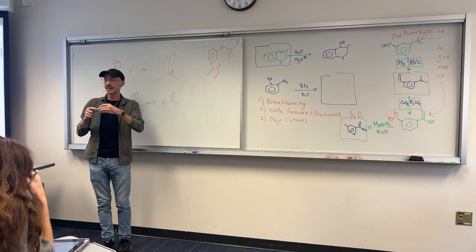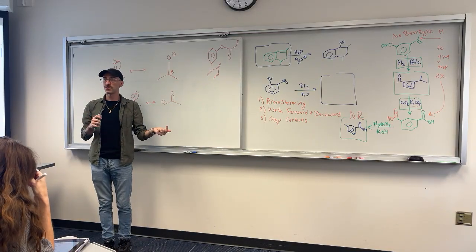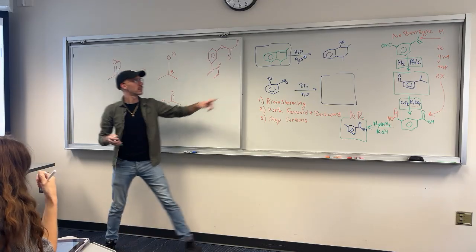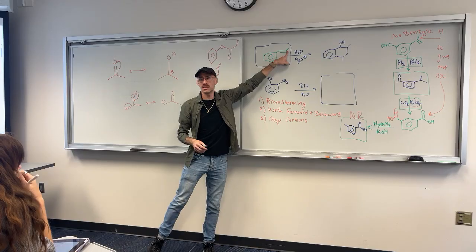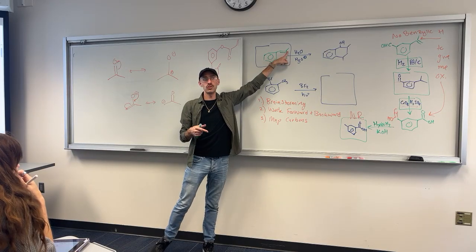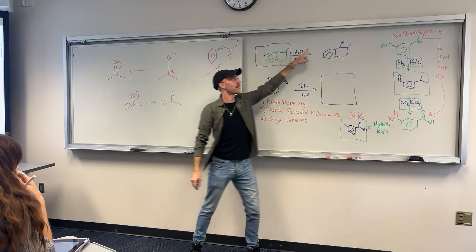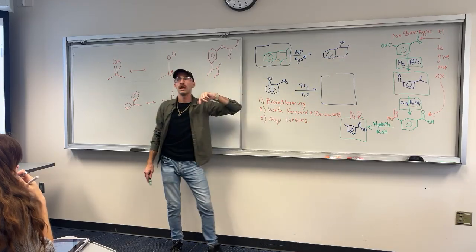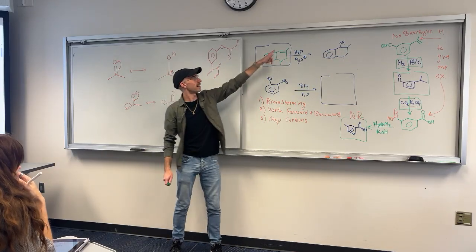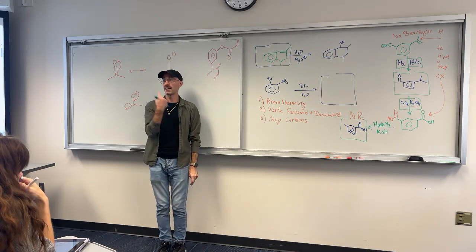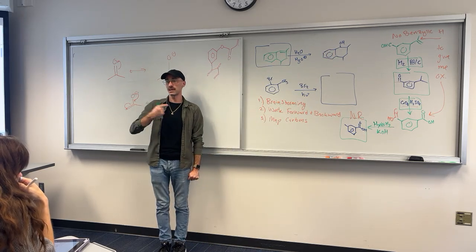And again, this highlights how on benzylic positions, Markovnikov's rule doesn't always hold. This is the more substituted position, and usually H goes to the carbon that is less substituted, but this time H went to the more substituted because the carbocation is more stable at the benzylic position. The carbocation gets delocalized into the ring through conjugation.